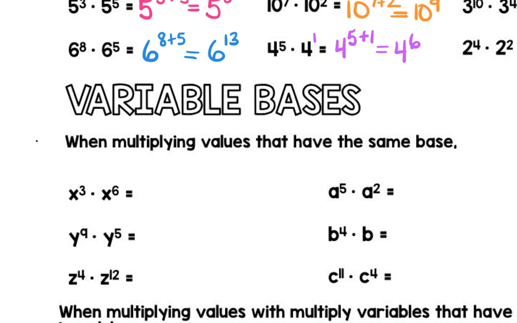When we're talking about variables, we are going to do the same exact thing. When multiplying values that have the same base, you keep the base and add the exponents, just like we did when we had number bases.